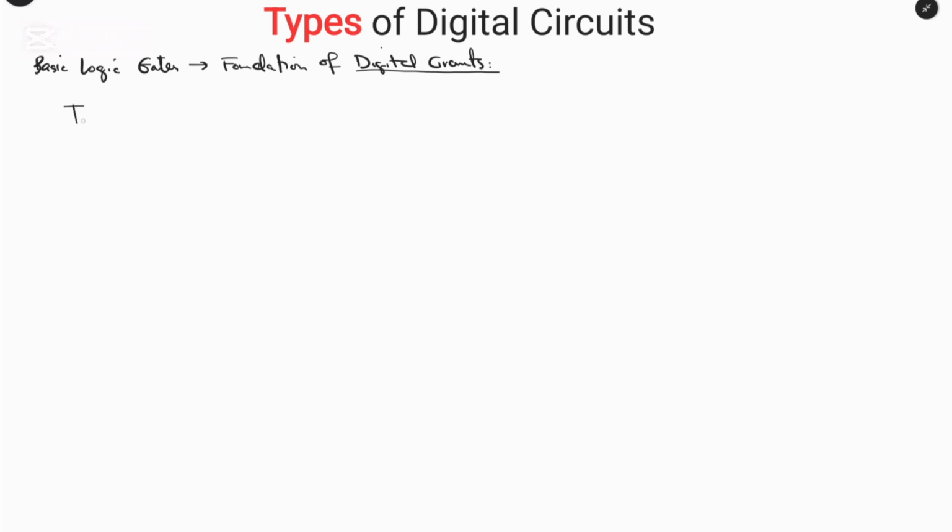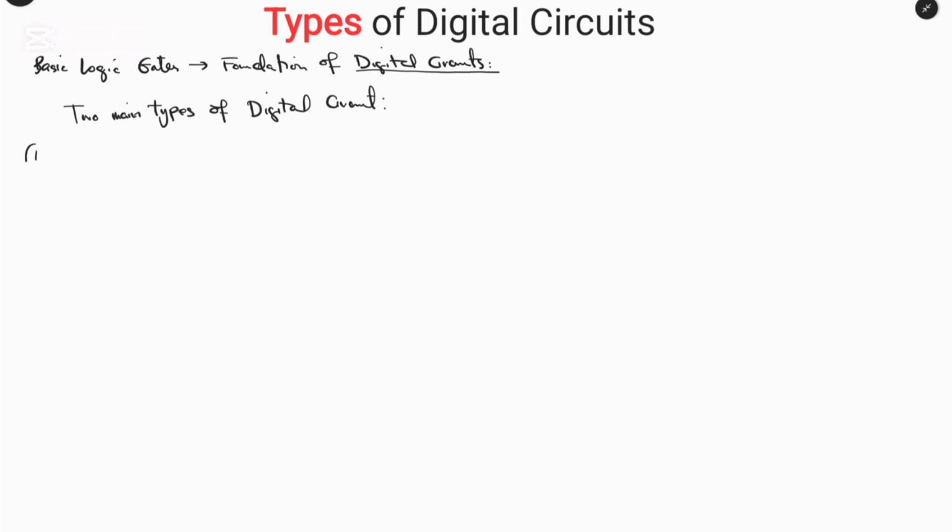There are two main types of digital circuits, which means any digital system around you is made up of one of these two types.